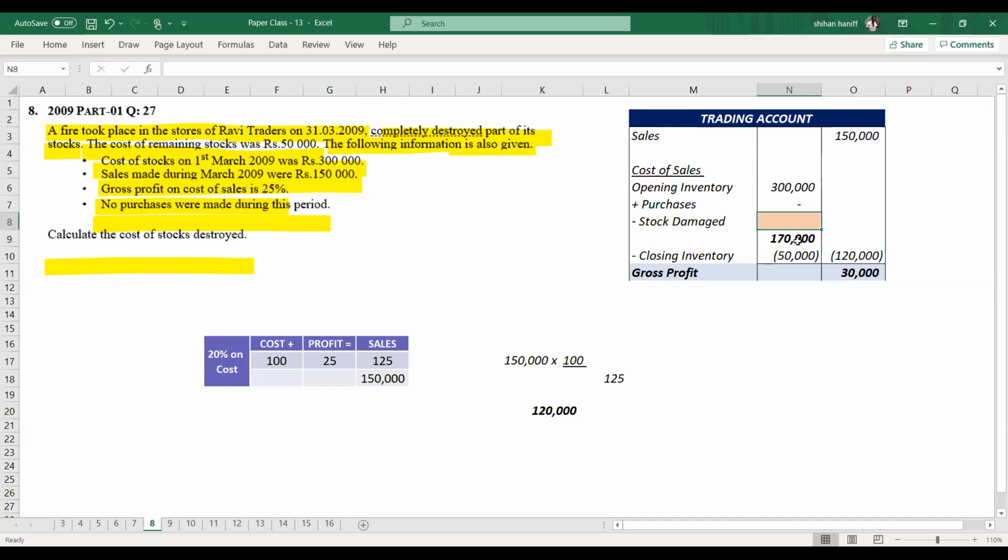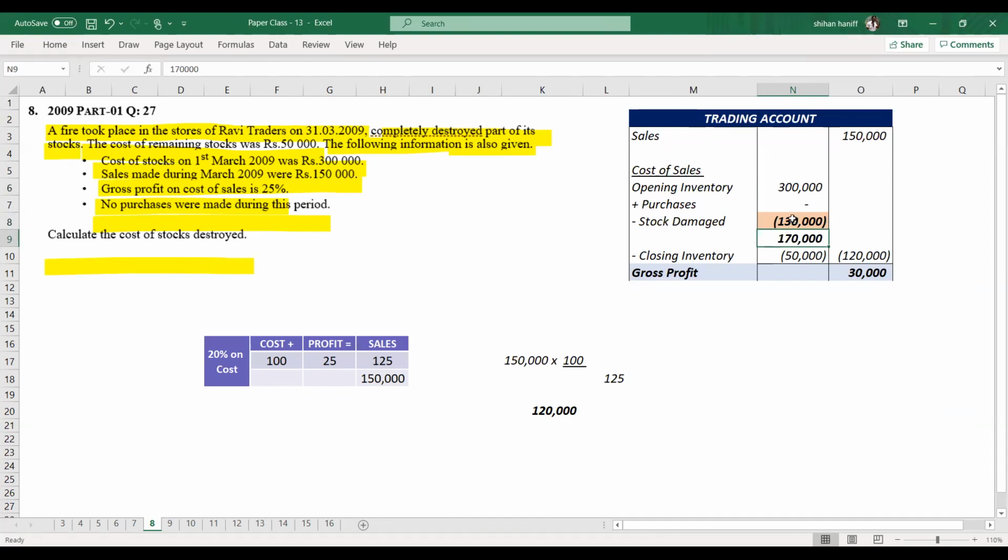Part of the stock is damaged. That's the difference. 170 and 300. 300 minus 170. 130,000. That's correct. So we had 300, 130 was destroyed, remaining 170.